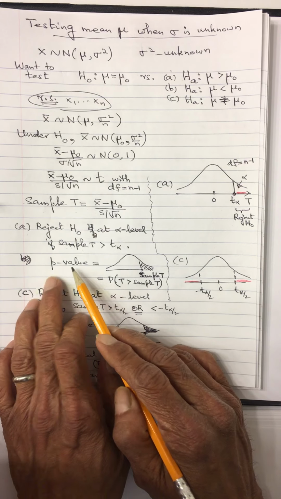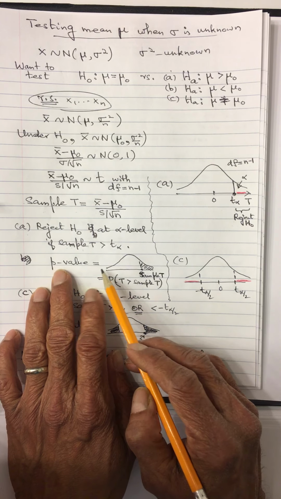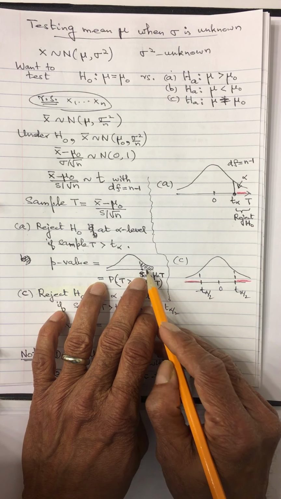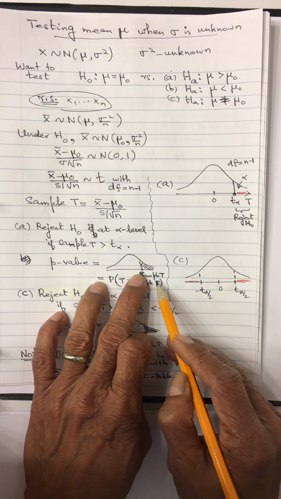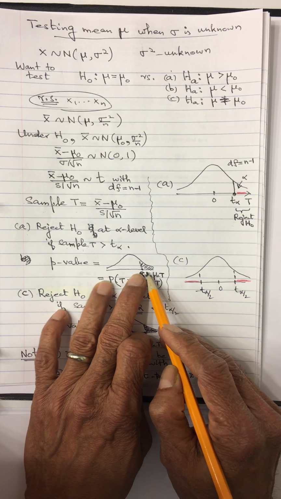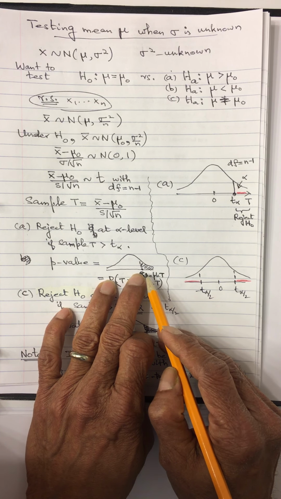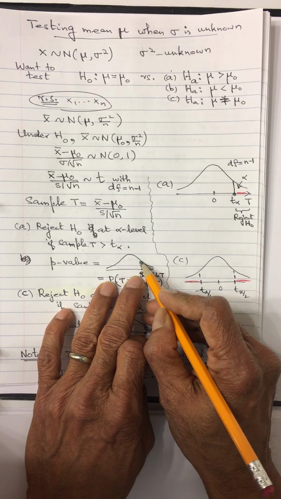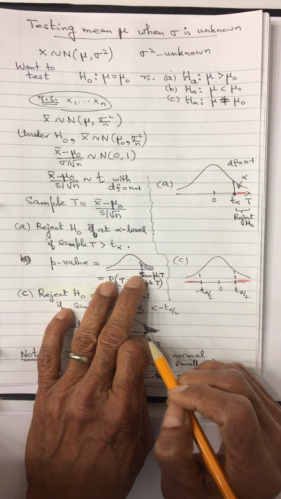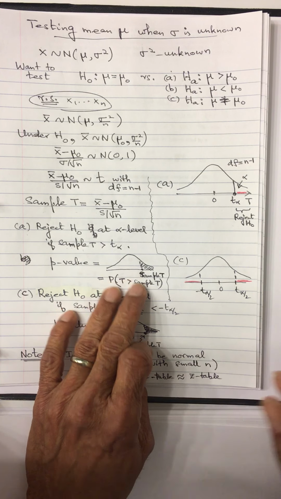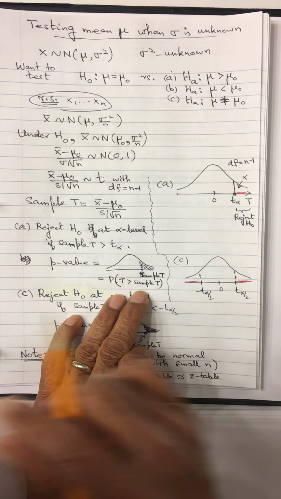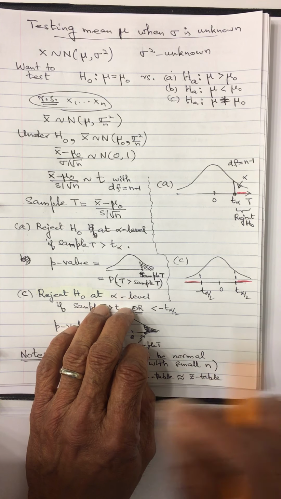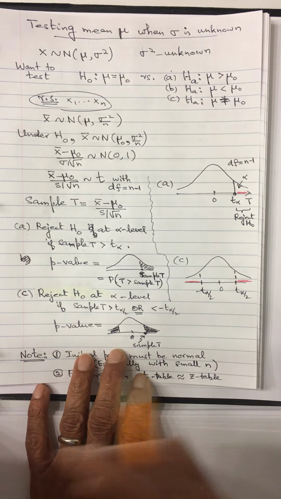Then use the t table with degrees of freedom n minus 1, and the shaded area is going to be the p-value. In the t table, you look at the row for degrees of freedom n minus 1 and read as close as possible.